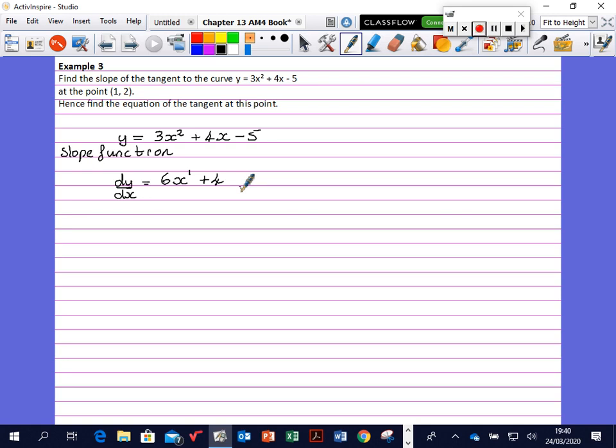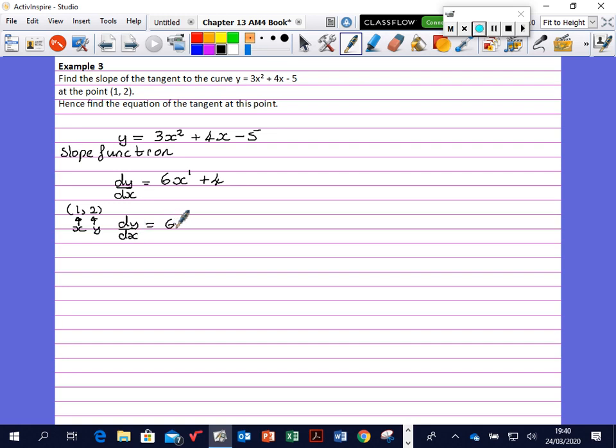Now this is called the slope function. In order to find the value of the slope, I have been given the point 1, 2. This is the x value and this is the y value. So therefore I now know that x in this context is equal to 1.